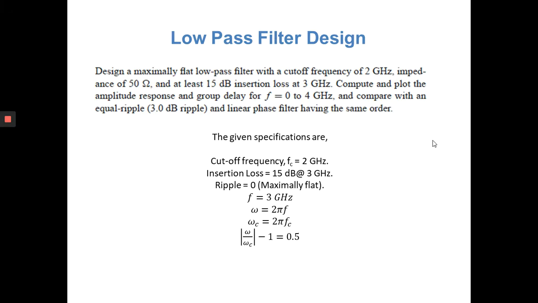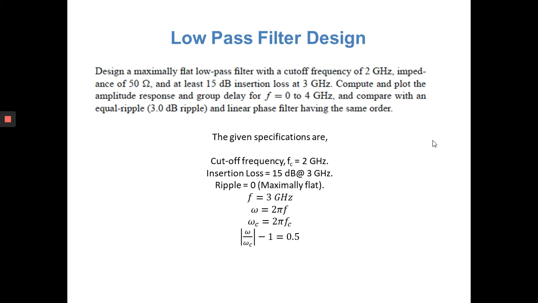So we have asked that at cutoff frequency 2 gigahertz, the impedance is 50 ohm, and at 3 gigahertz, we have a 15 dB insertion loss. So this is the insertion loss method that we already went through in our previous lectures.